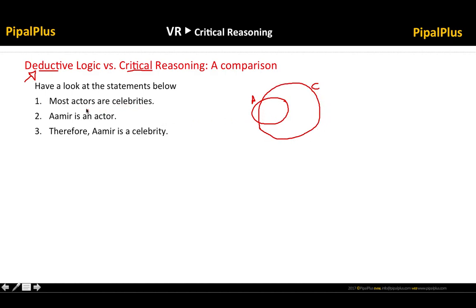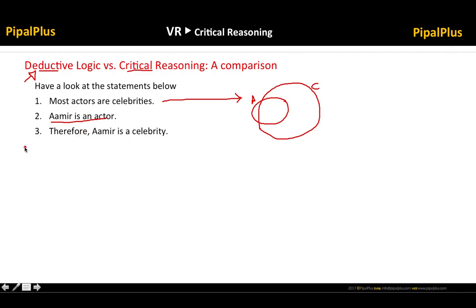I can represent this in deductive logic as this diagram. Then the next statement talks about a specific case. Amir is an actor. That means Amir could lie anywhere in this circle.